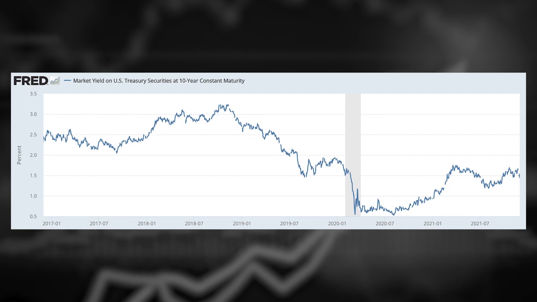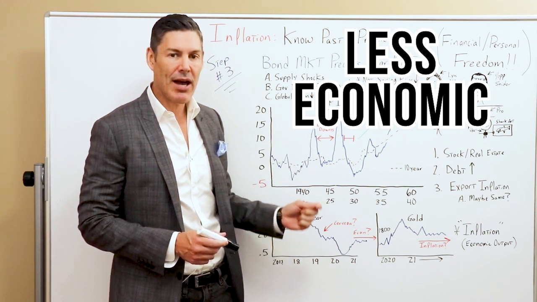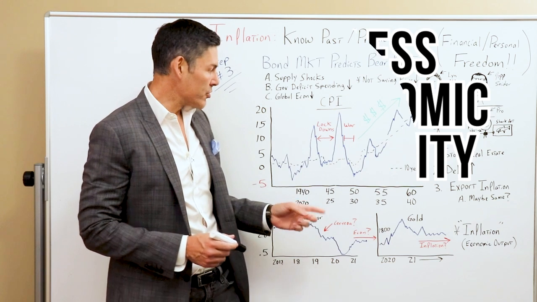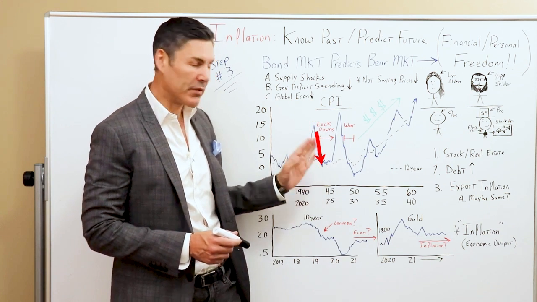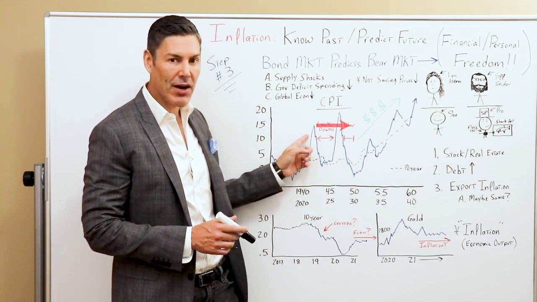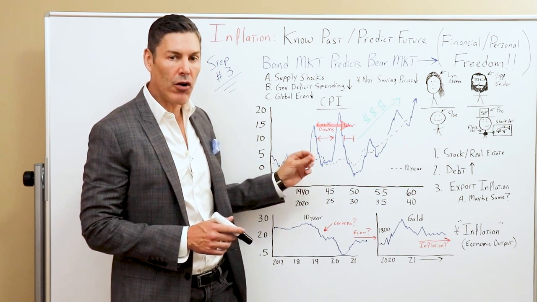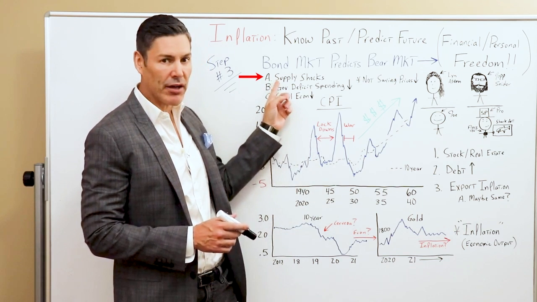But now what the bond market and the gold market could be telling us is that we're going to have less economic activity. So therefore, this inflation rate could come down. Now, it all depends, because it could be sustained at very high levels. It all depends on what we have for supply shocks.